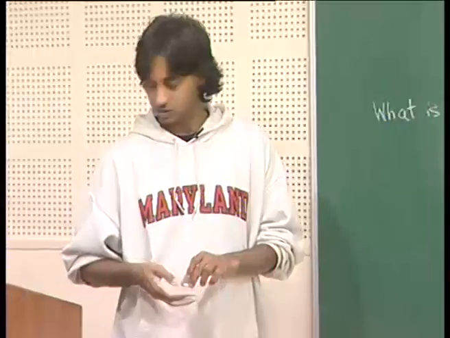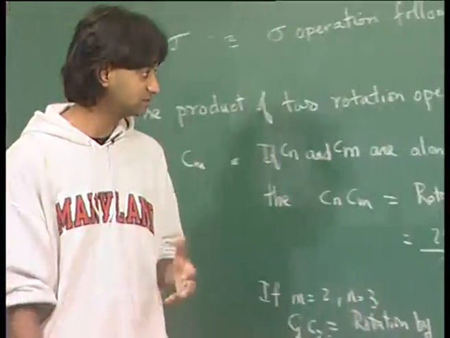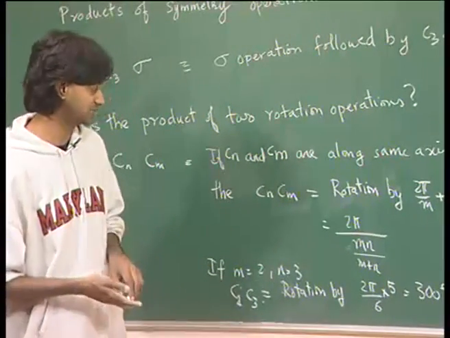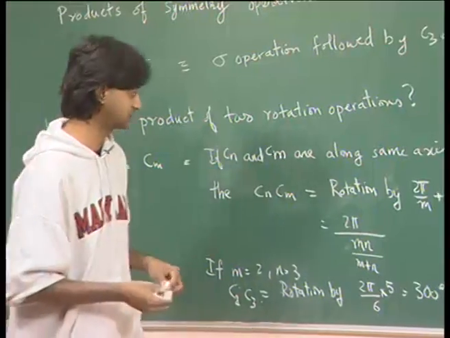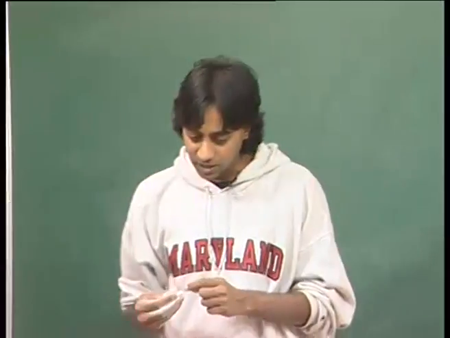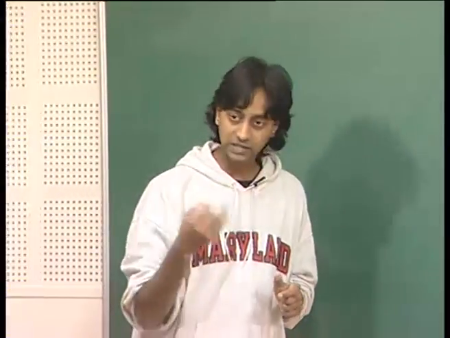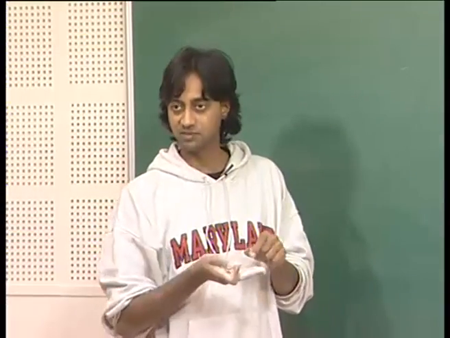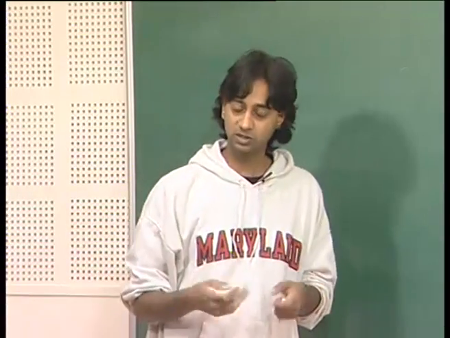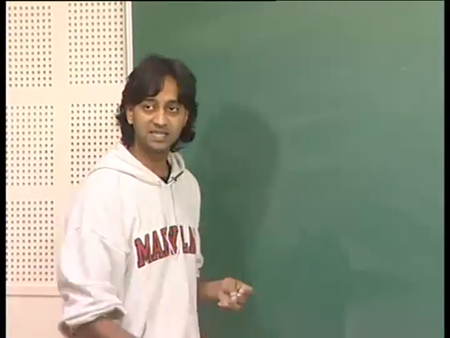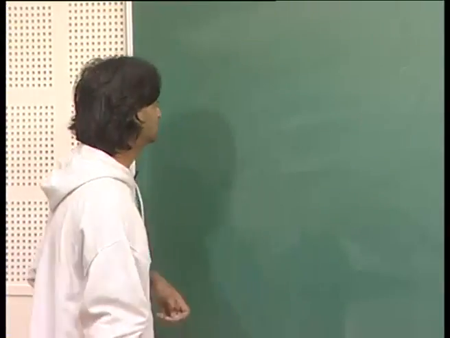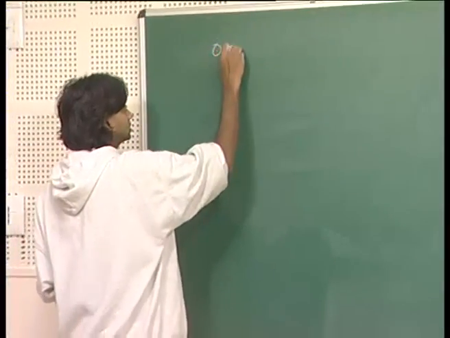Then the other thing is, what are the various operations that commute with each other? That will be the next question. We said that a rotation and a reflection in a perpendicular plane commute with each other. So are there other sets of operations that commute?